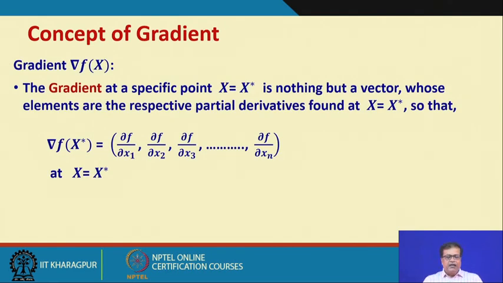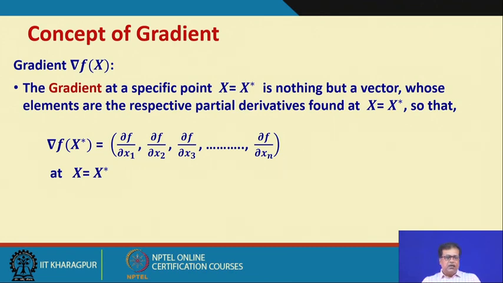So, let us look at the gradient. Now, the gradient at a specific point x equal to x star is nothing but a vector whose elements are the respective partial derivatives found at x equal to x star, right. We write it as the del operator: del f of x star equals del f del x 1, del f del x 2, del f del x 3 and up to del f del x n, at x equal to x star.